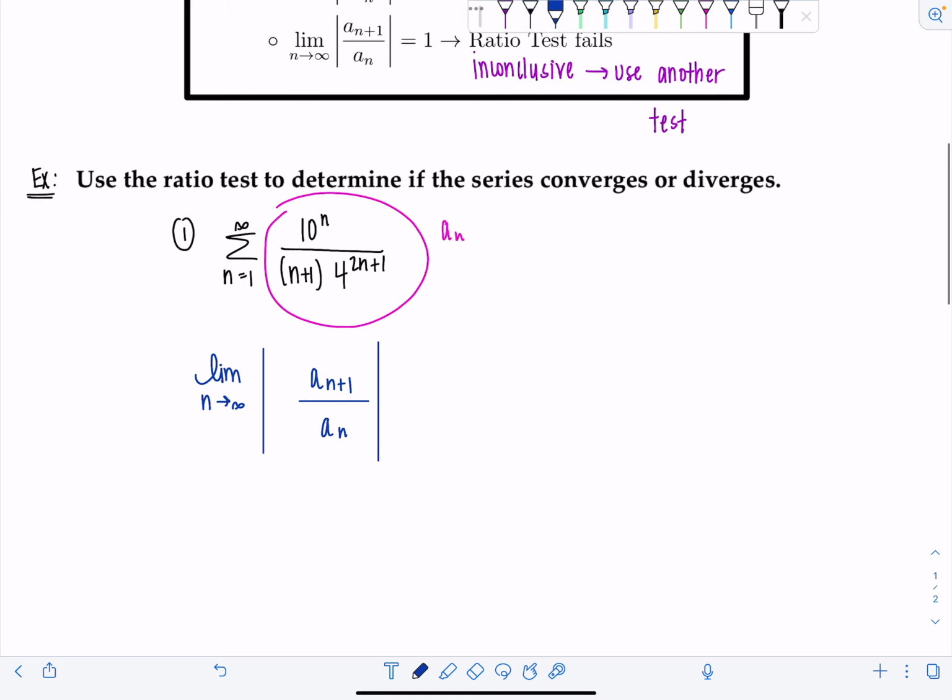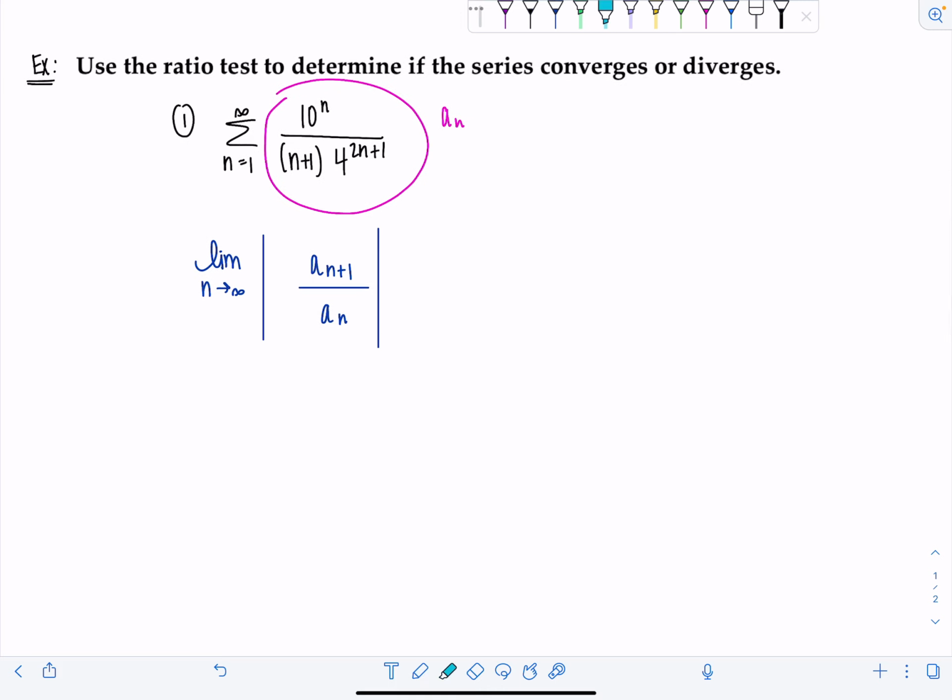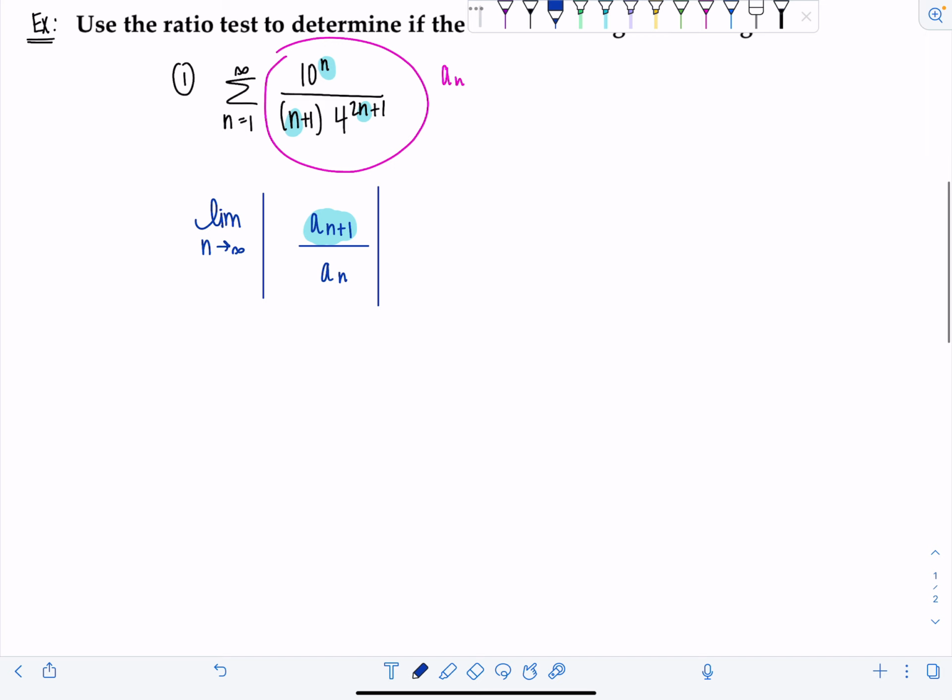All right, so a sub n plus 1, to figure out this expression here, I'm going to replace every single n with n plus 1. And be careful, I'm going to have to put some parentheses here on a few of them, so watch carefully. So this is the limit, n approaches infinity. I'll keep the absolute value for now, but we can probably drop them soon.